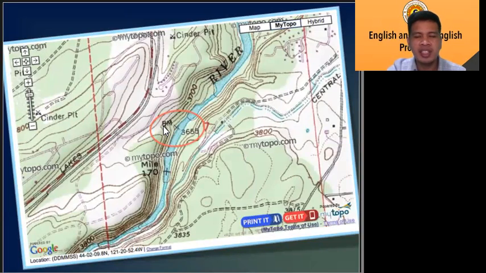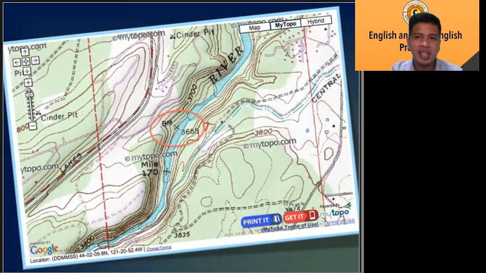When I say benchmark, this is where they were able to identify the exact elevation. In this case, for example, it is 3655 feet or meters. There's a BM sign here, so that is what we call a benchmark.